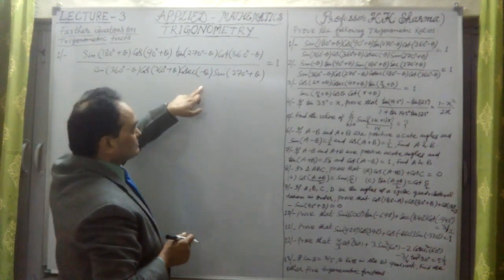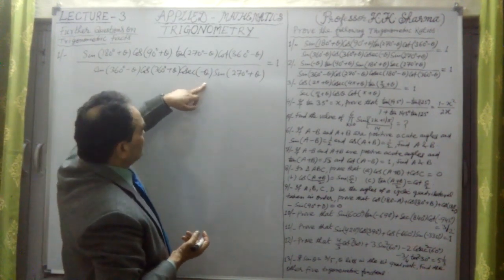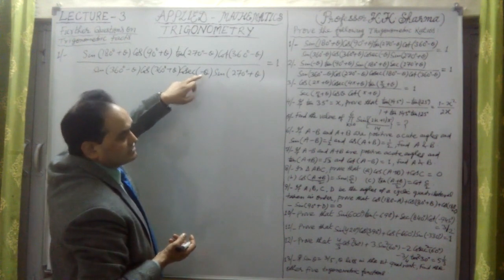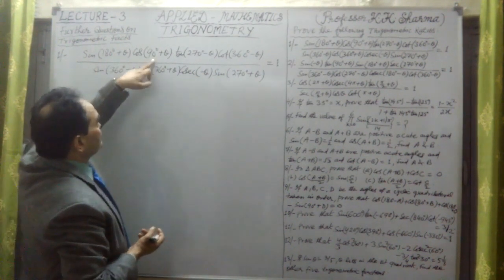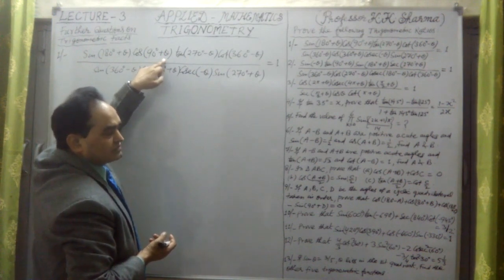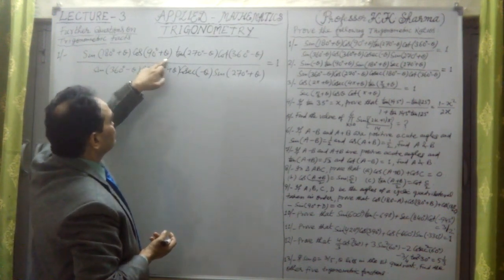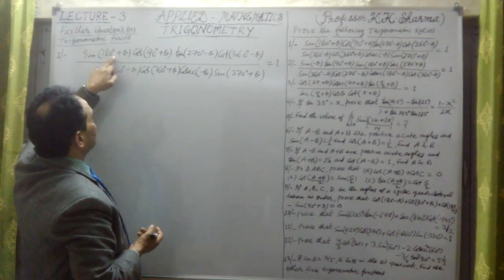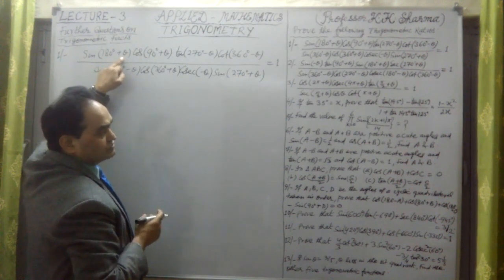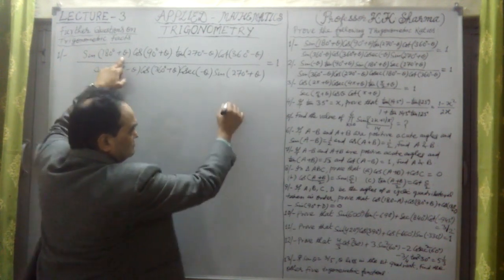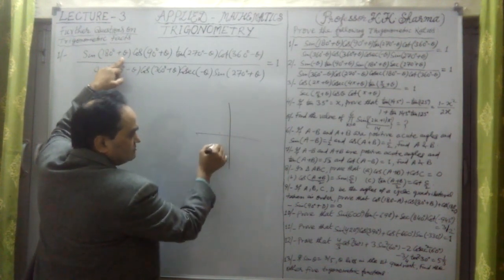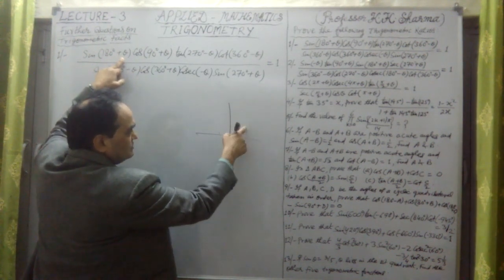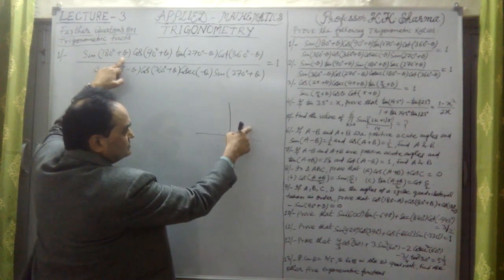And cosec of minus theta is in the fourth quadrant, but the angle is negative, so this is an odd function. 90 plus theta is in the second quadrant for cos. Sine of 180 plus theta will fall in the third quadrant.